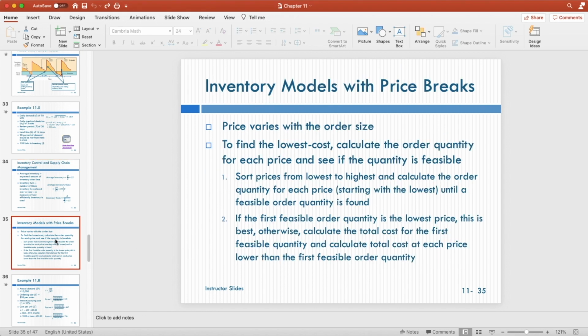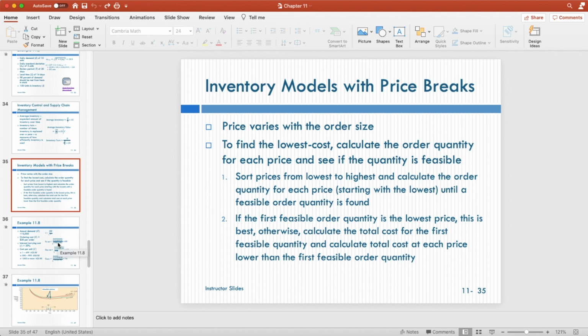Now, this is the inventory models with price breaks. I won't require you to understand all these math problems, especially the price breaks models, within the exam. All these math problems can be viewed as extension material within this course.